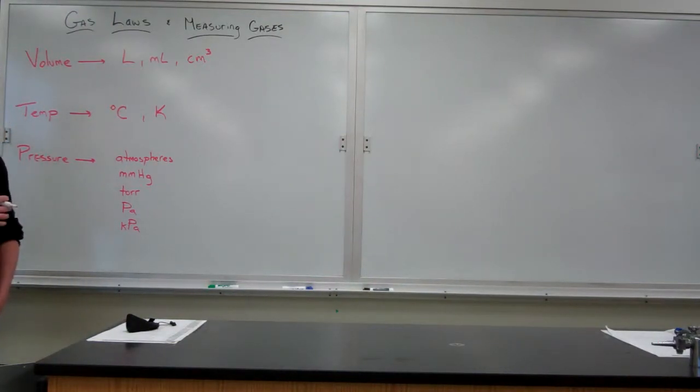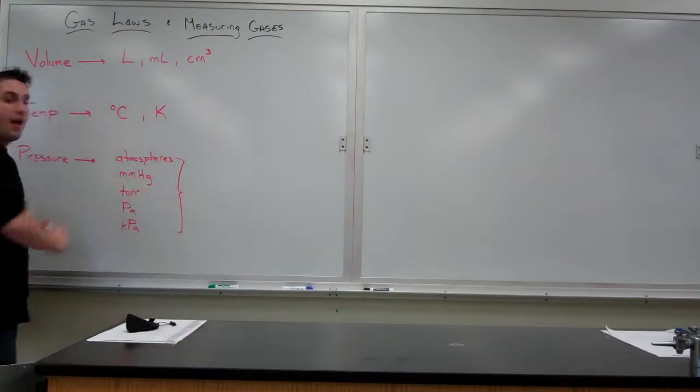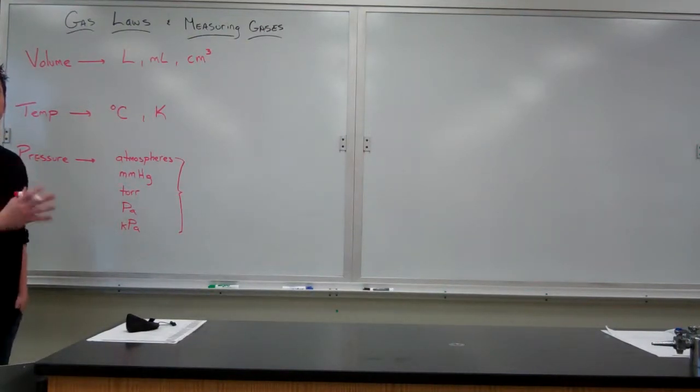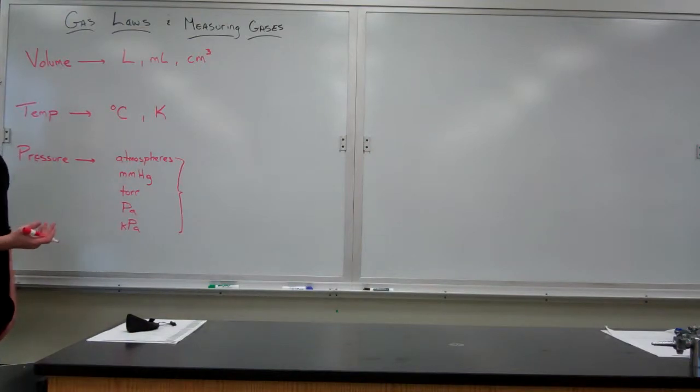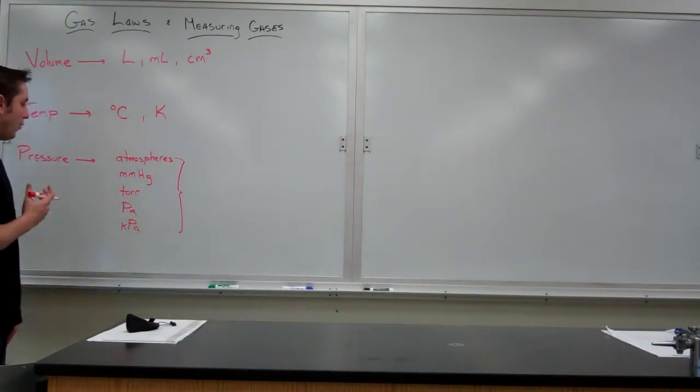I said that I would give you a functional definition of pressure as we go through. If you look at your book, it is going to tell you that pressure is force exerted over an area. But that doesn't help us wrap our minds around it all that well.